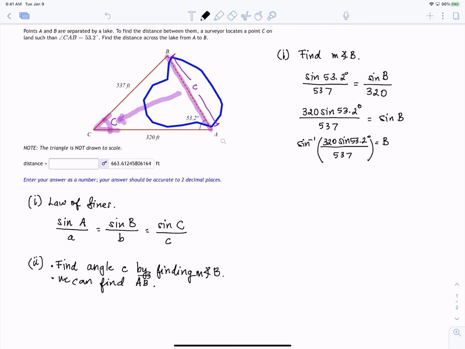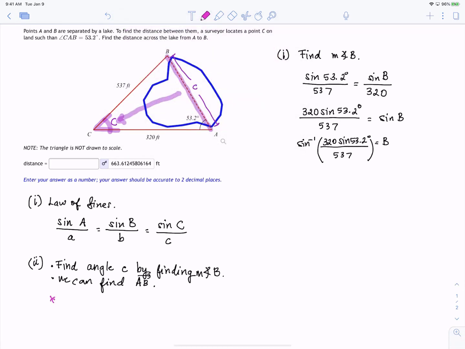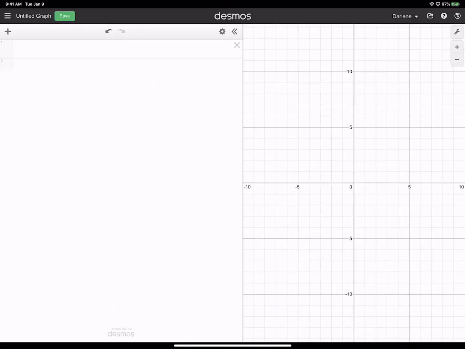Okay, and when you do this, what you'll need is to put your calculator in degrees. So let's put a note here, put calculator in degree mode. Okay, so you can go to your calculator.